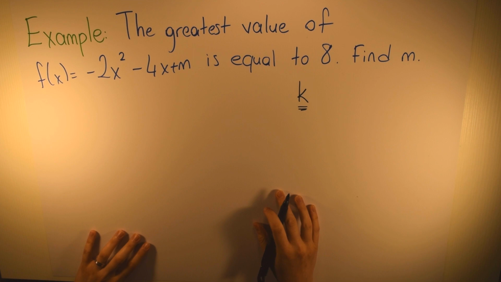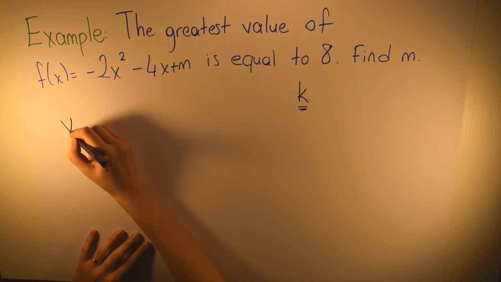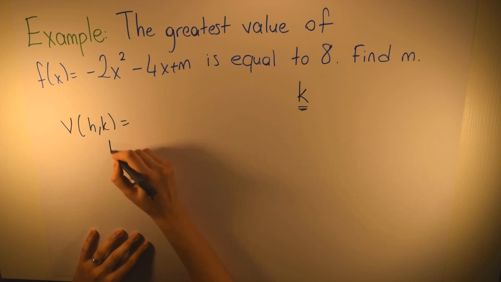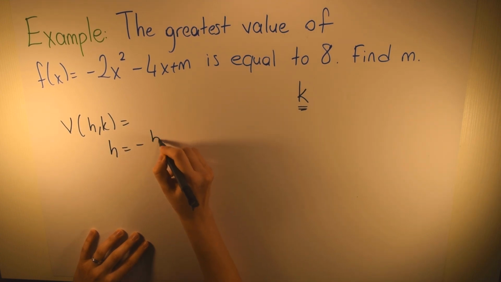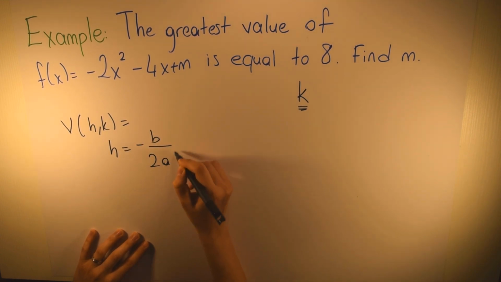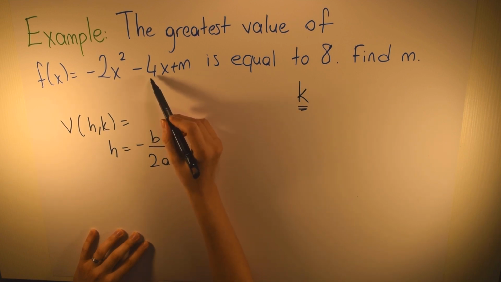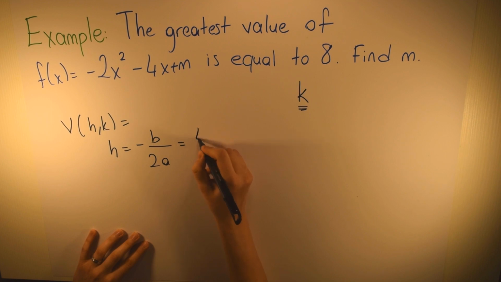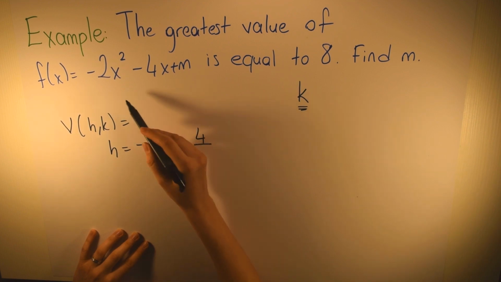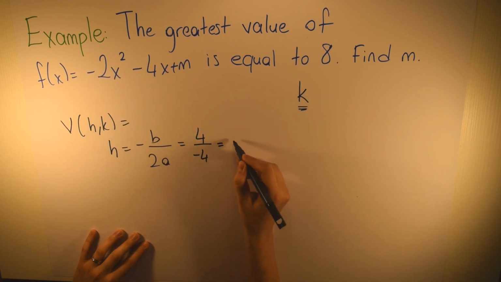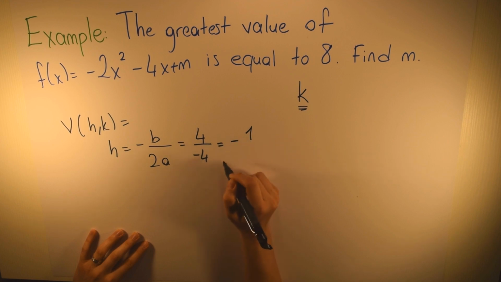Okay, so let's start. First, what was the vertex formula? It's (h, k). So here h is equal to minus b over 2a, right? So minus b, it is minus 4, and it will become plus 4 over 2a. 2a is minus 2. It's 4 over minus 4, which is equal to minus 1.